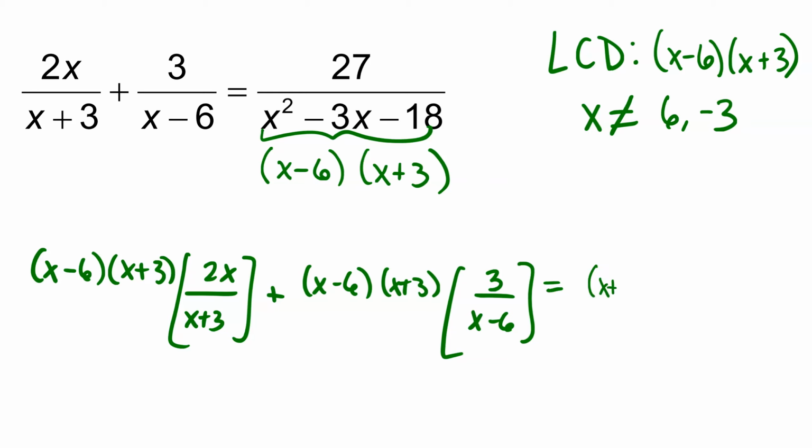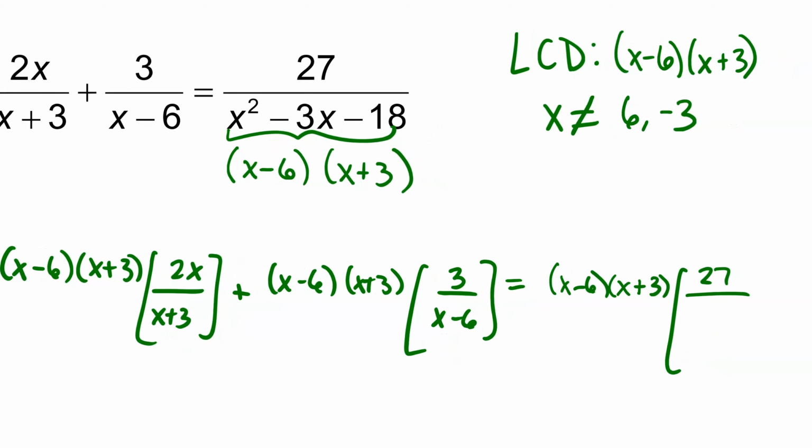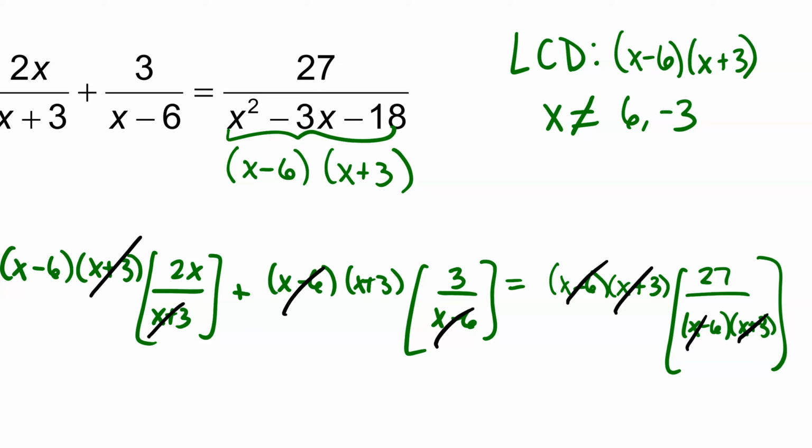Then x minus 6 times x plus 3 multiplied by 27 over, well, it's literally our least common denominator, x minus 6 and x plus 3. Here's the fun part. Let's cross out some stuff. Wonderful. Makes it a little easier to deal with.